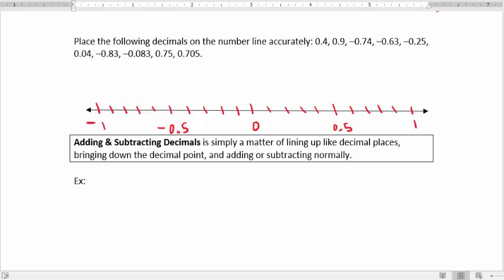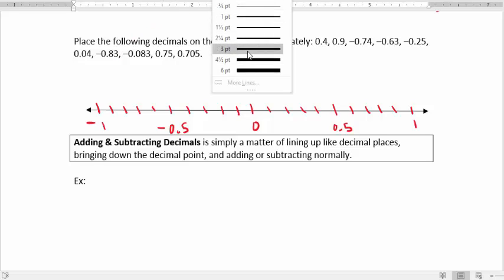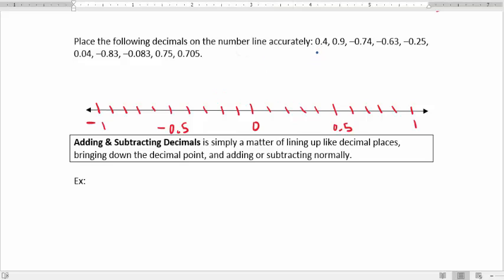All right. So now you would just place these, and a lot of them are going to go exactly on one of the tick marks. So like 0.4, that's 1, 2, 3, 4. 0.9, 0.6, 0.7, 0.8, 0.9. Negative 0.74, well, here's negative 0.7.